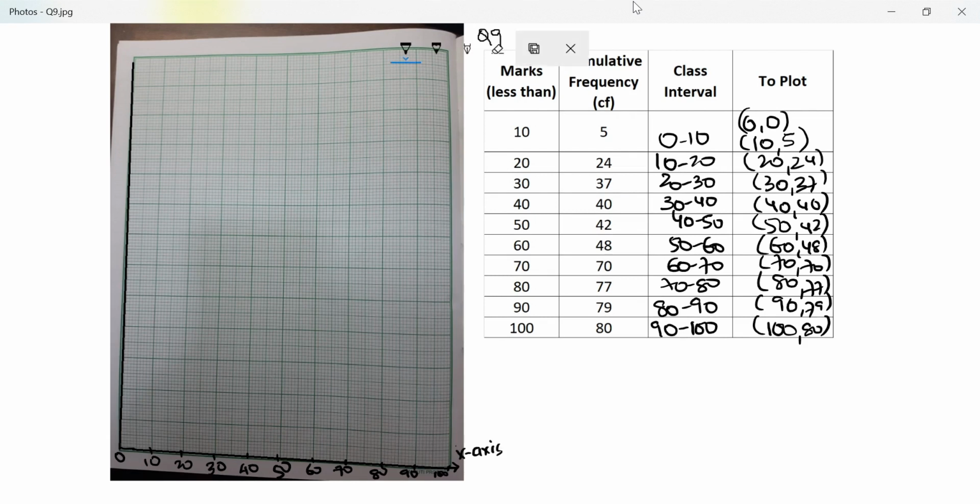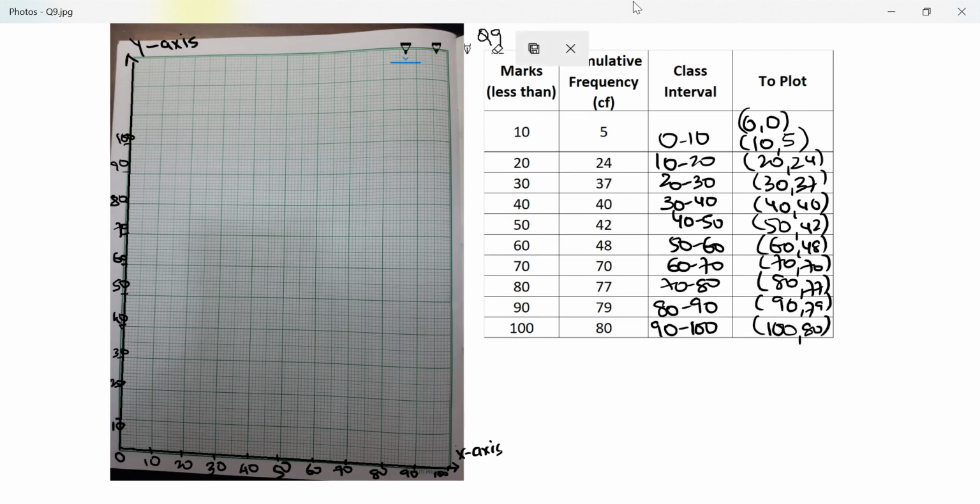On the y-axis, I have to go up to 80. So again, it makes sense to take 10 only. So this is 10, 20, 30, 40, 50, 60, 70, 80, 90, and 100.